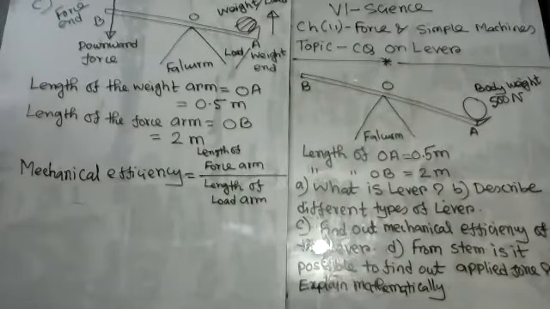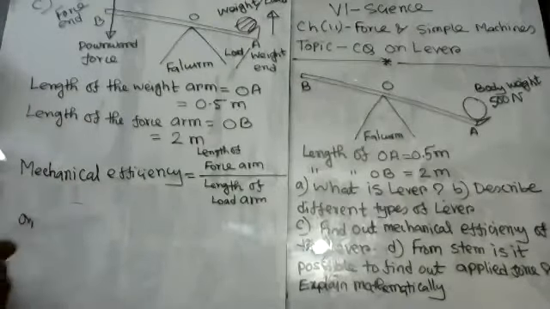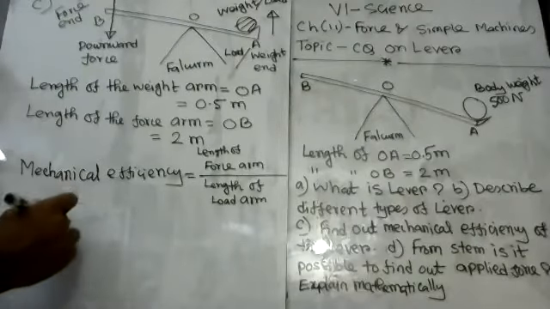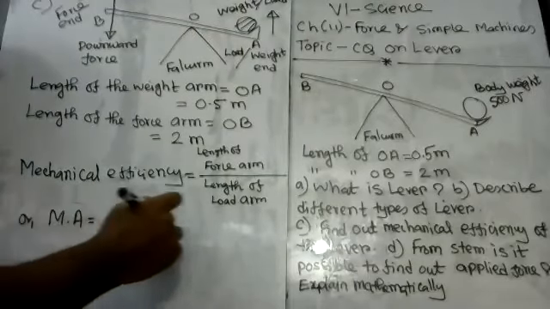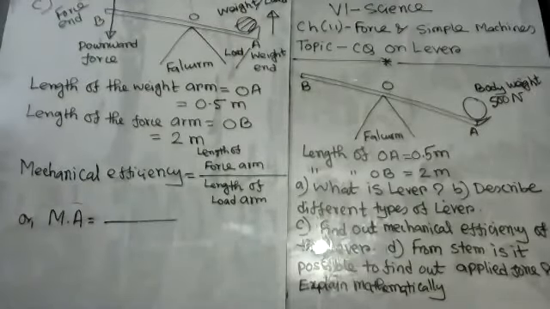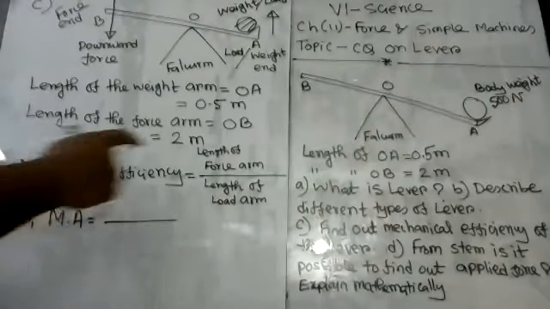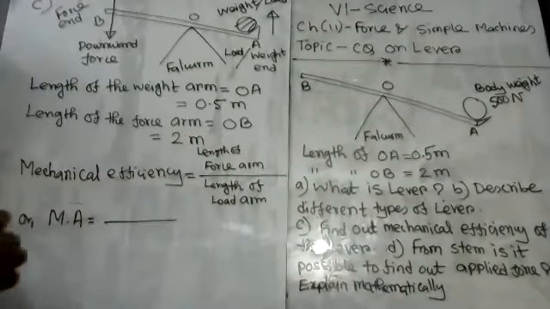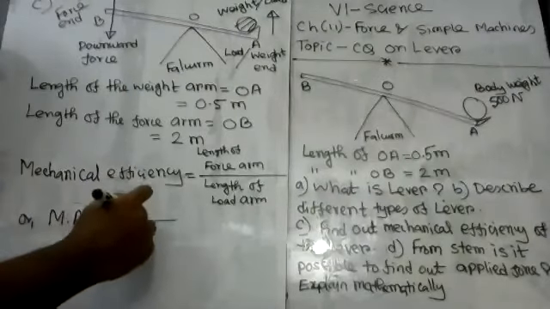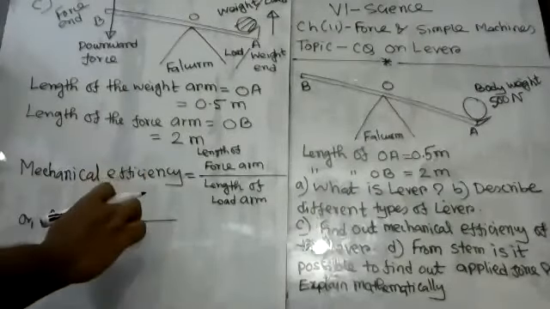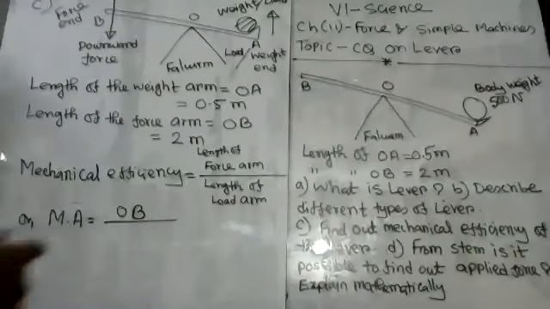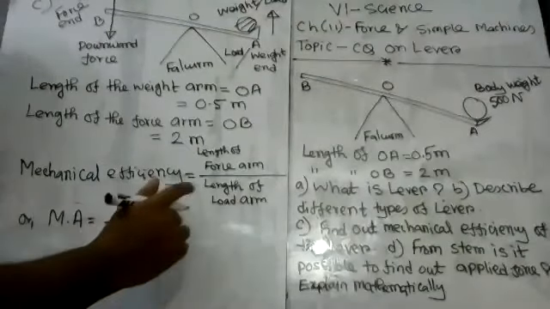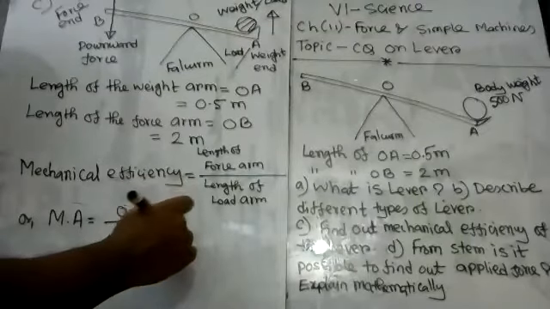Now, mechanical efficiency in short, MA, will equal to: the length of the force arm is OB, divided by the length of the load arm, which is OA.